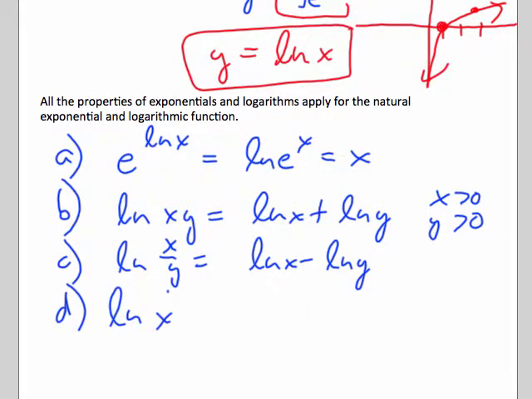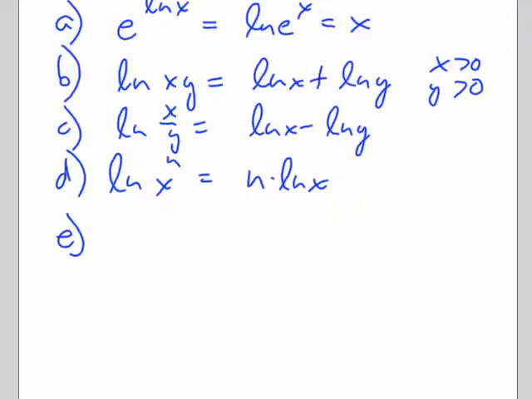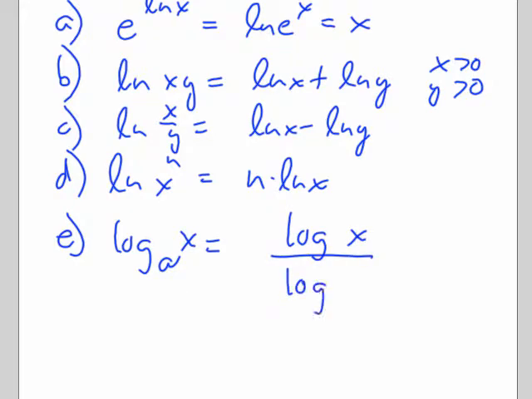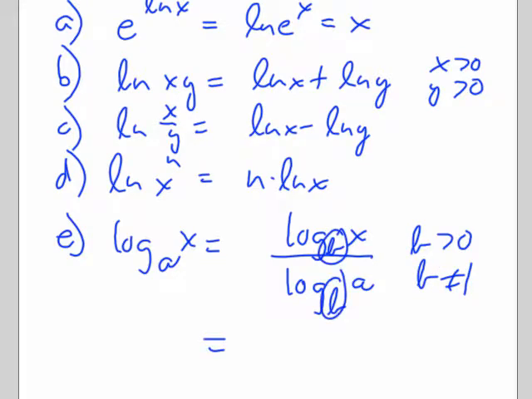Another common property, the exponent: ln of x to the n is n times ln x. Change of base rule, which says we can change to any base by doing this. So we could change to base b if we wanted, as long as b was greater than 0 and b was not 1. And so we could certainly then change to base e, which would make that ln x over ln a.